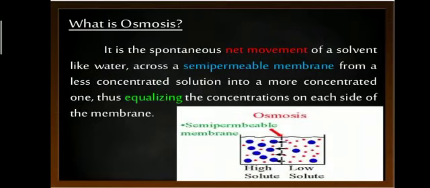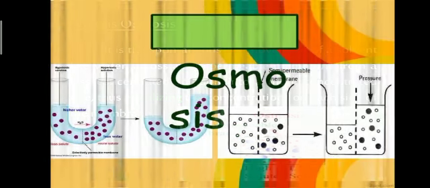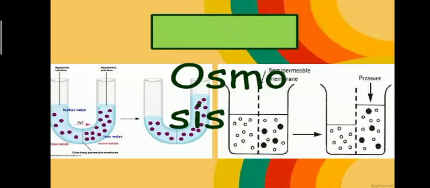A membrane which allows the passage of solvent molecules only, not the solute, is called a semi-permeable membrane. This is a diagram of osmosis. The semi-permeable membrane allows only the solvent molecules to pass, but not the solute.